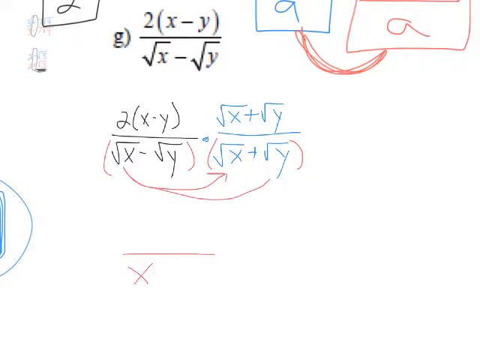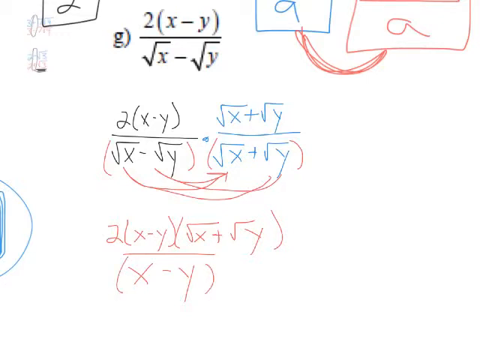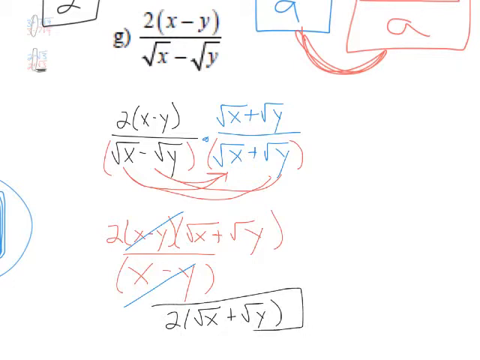And then we have root xy minus root xy minus y. So the denominator distributes out to have no radical pieces. And now we have 2 times x minus y times root x plus root y. And the benefit is we see the piece that cancels out of top and bottom, and our simplified final answer is 2 times root x plus root y. There we go.